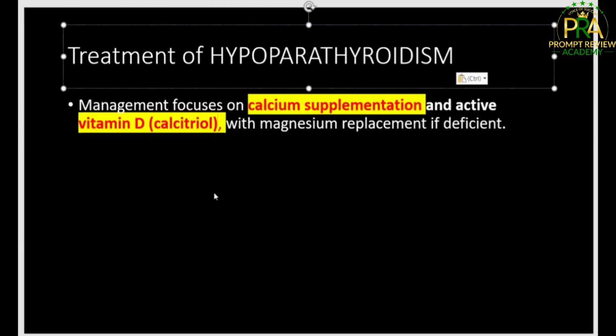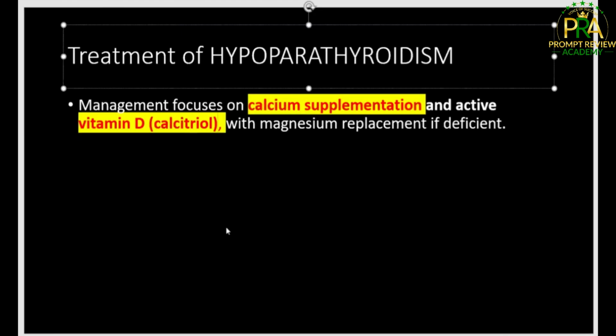So please don't forget what we talked about, very high yield in the exam. In hyperparathyroidism, they are going to have a lot of stones, they are going to have mood issues. But under low calcium, it has a lot to do with the muscles, the twitching, the Trousseau sign, the Chvostek sign.